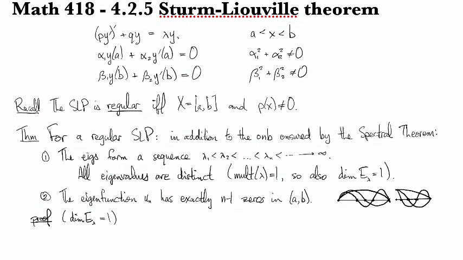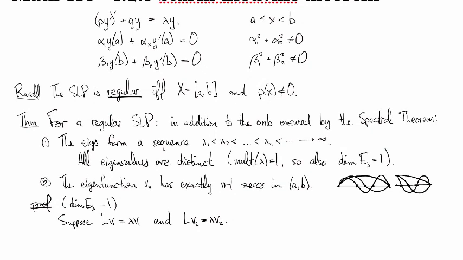Okay, so suppose we've got L V1 is equal to lambda V1, and that L V2 is equal to lambda V2. Then I want to show that V2 and V1 are parallel. In other words, that one is a scalar multiple of the other.